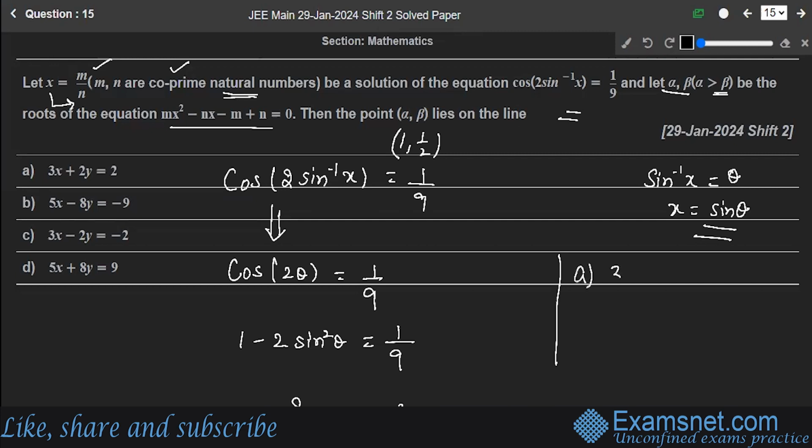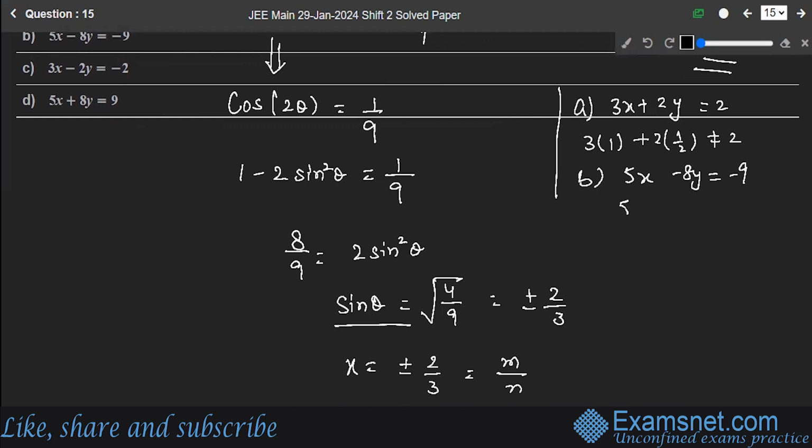Let's check. You have to check with all the options. Let's check with the first one: 3x plus 2y is equal to 2. 3 into 1 plus 2 into 1 by 2 is not equal to 2. Let's find out B: 5x minus 8y is equal to minus 9. You have 5 into 1 minus 8 into 1 by 2, this is 1, right?